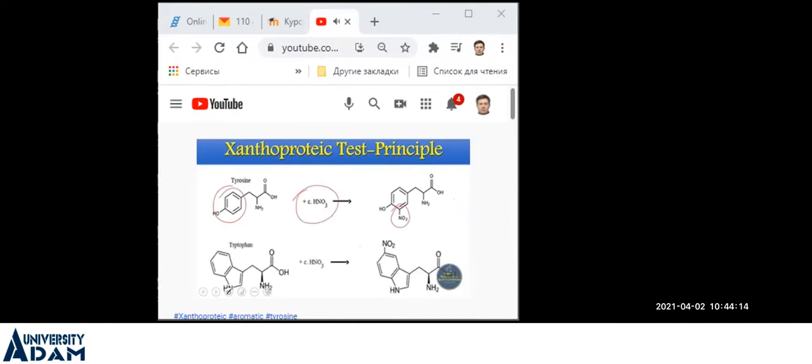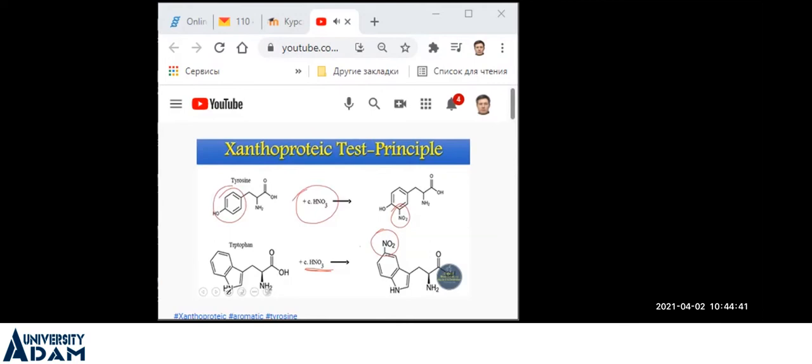Similarly, this is tryptophan, where this is the benzene ring, and this benzene ring is going to be nitrated in the presence of acidic conditions. So the principle of this test is that if you heat a benzene ring, benzene derivatives, or the aromatic amino acids in the presence of nitric acid, it donates NO2 groups which will be added to the benzene ring of the amino acids.